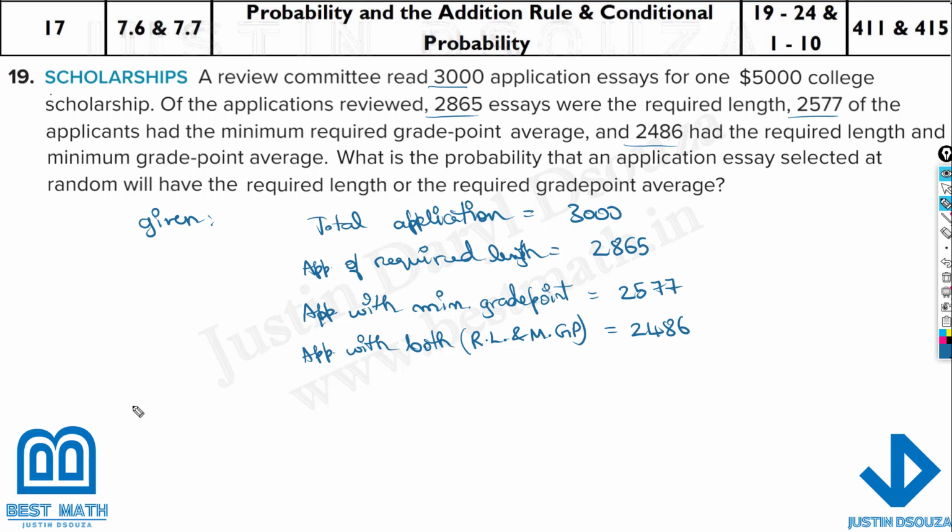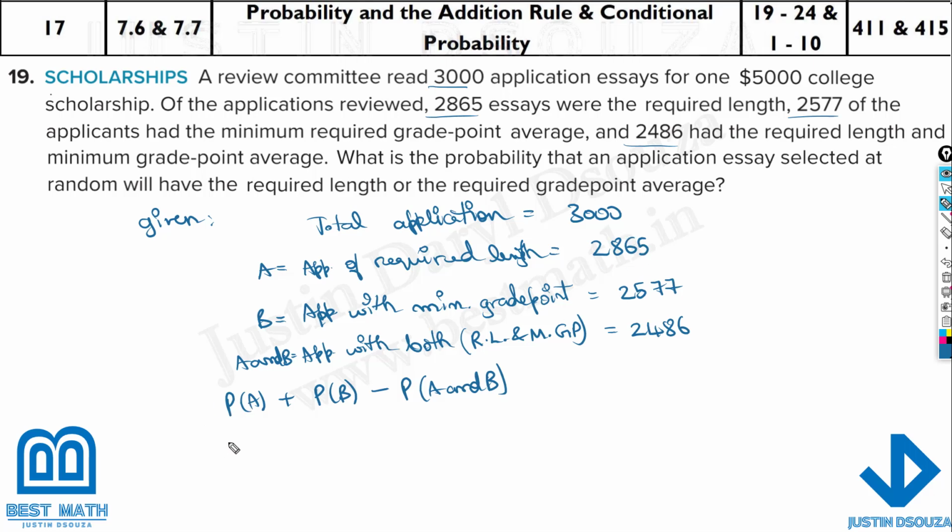Step 2 is to find the required length or required grade point. That would be probability of A plus probability of B minus probability of A and B. Here you can write this as A, B, A and B. How do you write the probability?